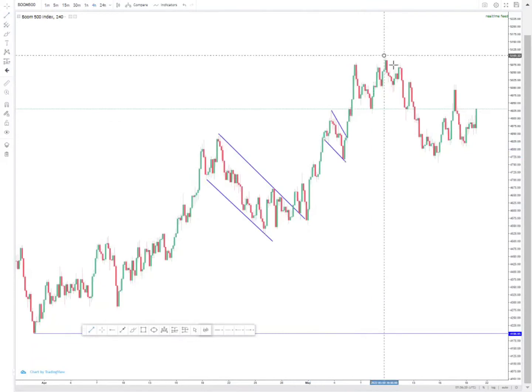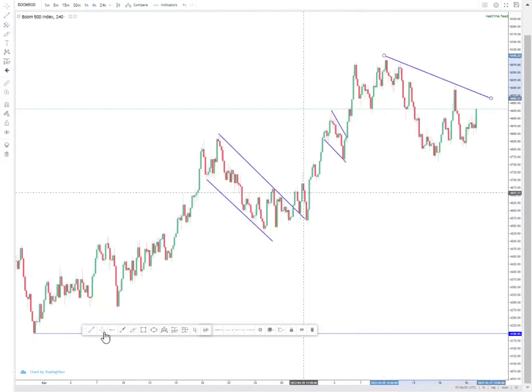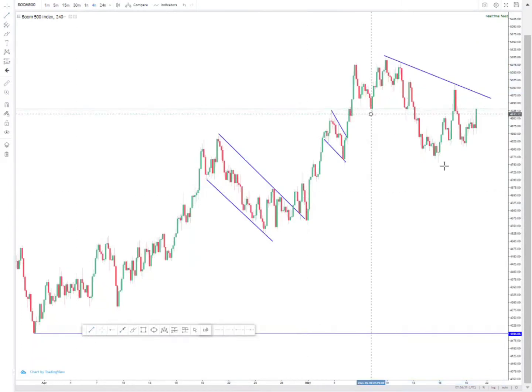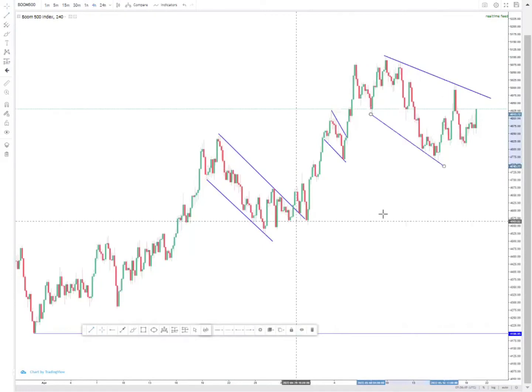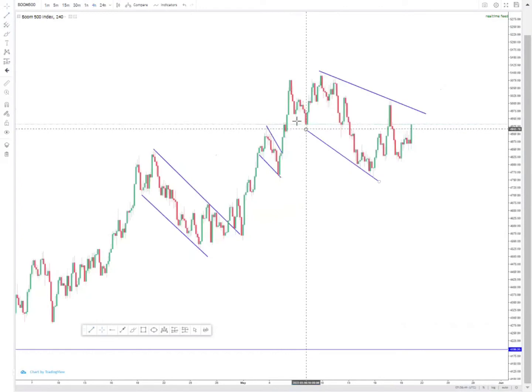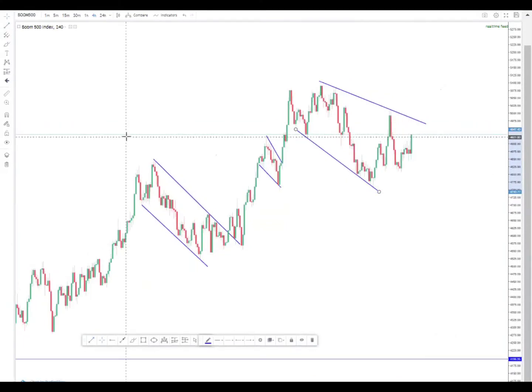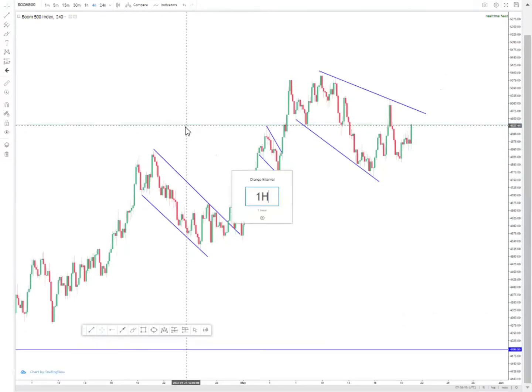This is one of the corrections. We are in a correction phase, guys, in the 4-hour time frame, but inside this correction phase, we also have impulse and correction, impulse and correction. So let's go to the 1-hour time frame.